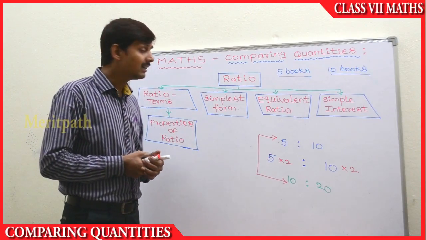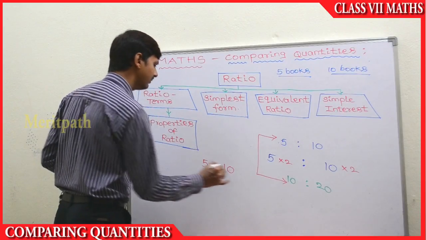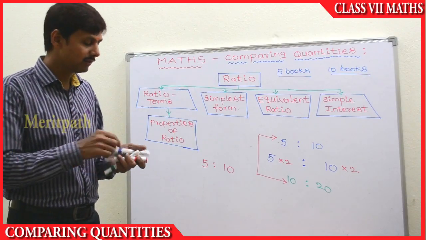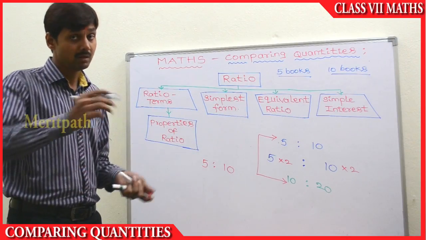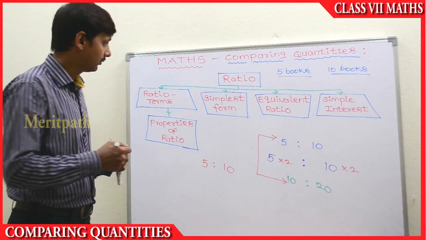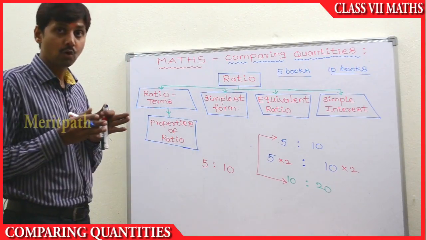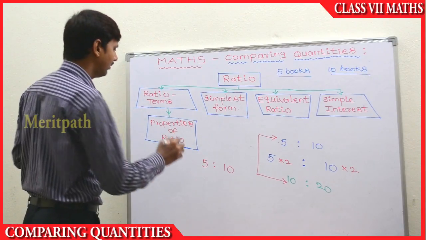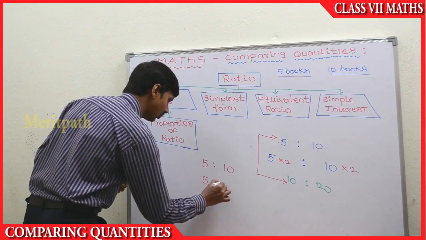Let's take another example, 5:10. Let's divide by a constant number on both sides, the antecedent and the consequent. Previously we multiplied by a constant number on both sides, and the value of the ratio did not change. Now let us divide the antecedent and consequent by 5 on both sides.